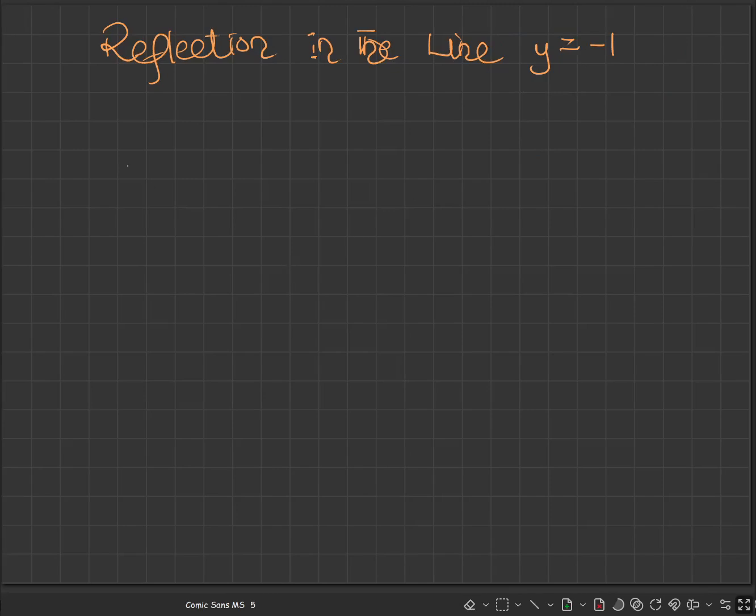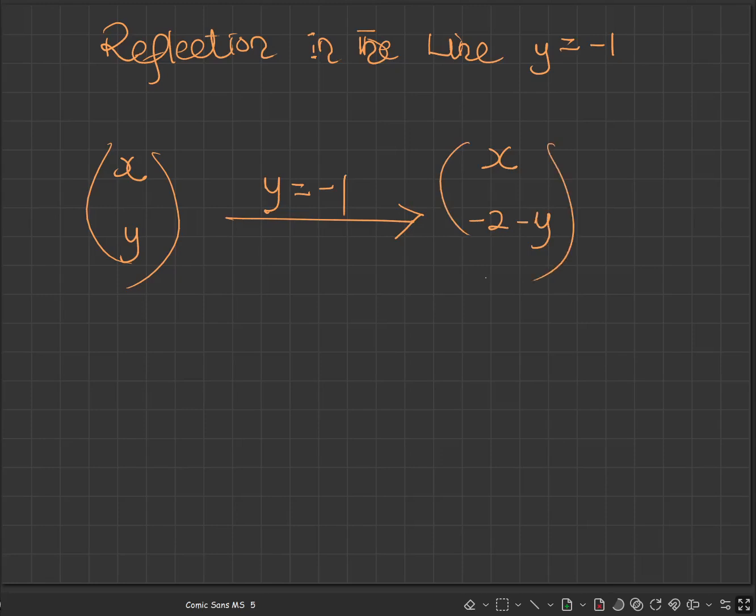Or using the formula, if we have the point x, y, and we want to reflect this over the line y equals -1, then we are going to get our x remaining intact. Then our y's value will be -2 minus y. This is just the formula: -2 minus the initial value of y.